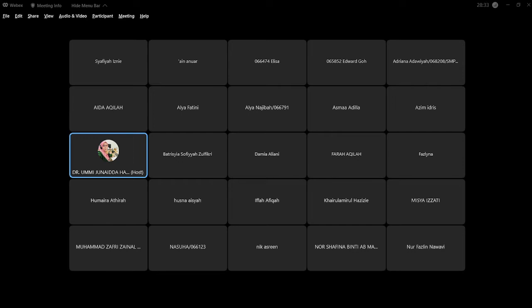Okay, so expenses yang ada dekat sini kita ada salaries, kita ada water and electricity, we have general expenses, we have insurance and also interest on loan. And this is all the expenses, okay, that you need to deduct from the gross profit to get the net profit. So how much is the net profit, class?